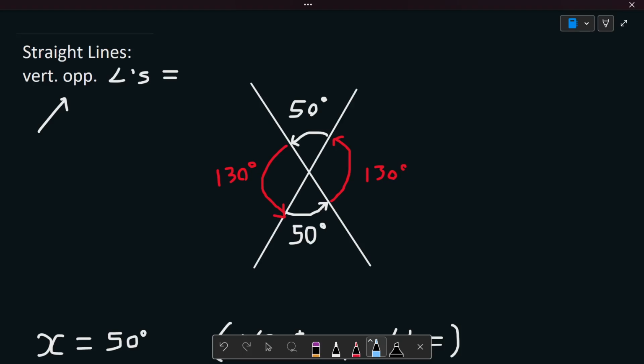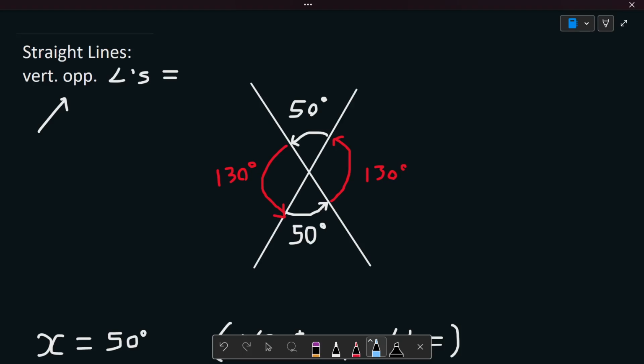So 260 degrees plus 100 degrees is equal to 360 degrees. And remember, 360 degrees is the angle of a full revolution, and therefore this is what makes this entire statement true, and vertically opposite angles being equal also true.